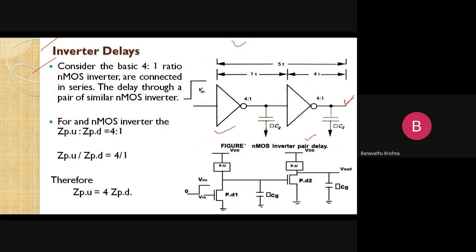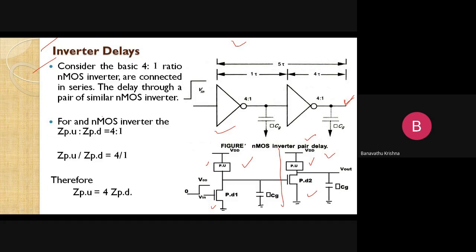This inverter is represented in this form, so just observe this diagram. This is the first inverter, and this is the second inverter, right? Each inverter's internal circuit consists of a pull up transistor and a pull down transistor, and similarly pull up 2 and pull down 2 in the second inverter.